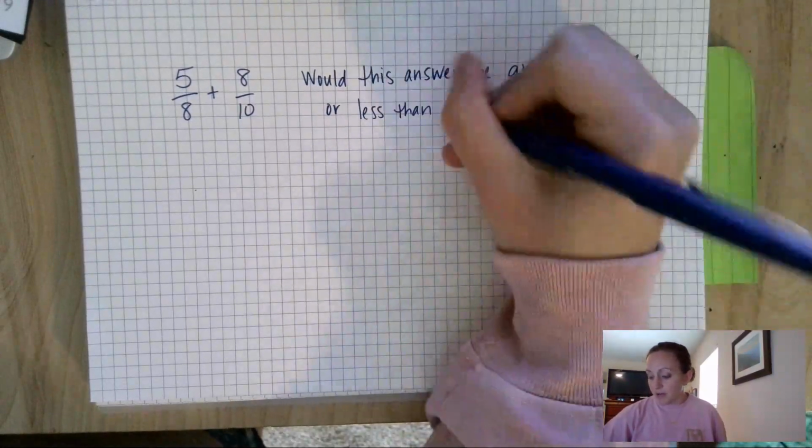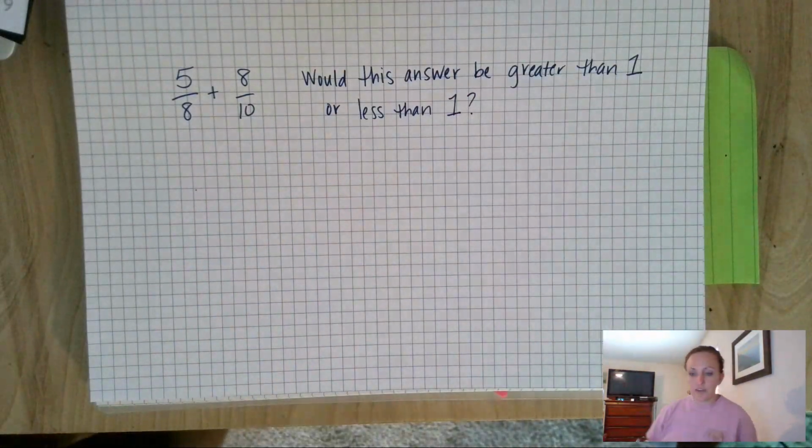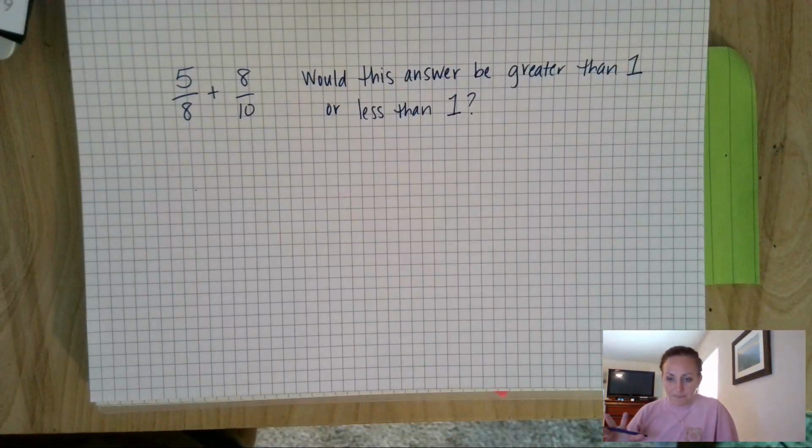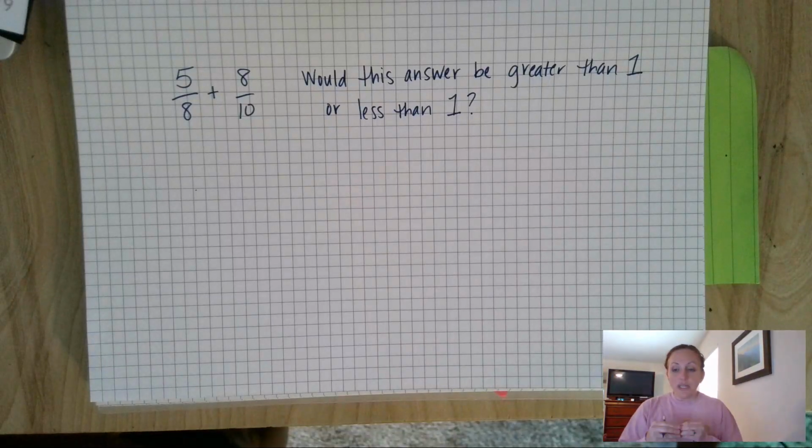And you might be thinking, oh my goodness, Mrs. Long, I don't have any clue how to find this out, and I'm totally freaking out right now. Okay? You don't have to freak out. Let's think about what we know about fractions. We know about how much a half is. We know that for every fraction that's equivalent to 1/2, the numerator is half the denominator.